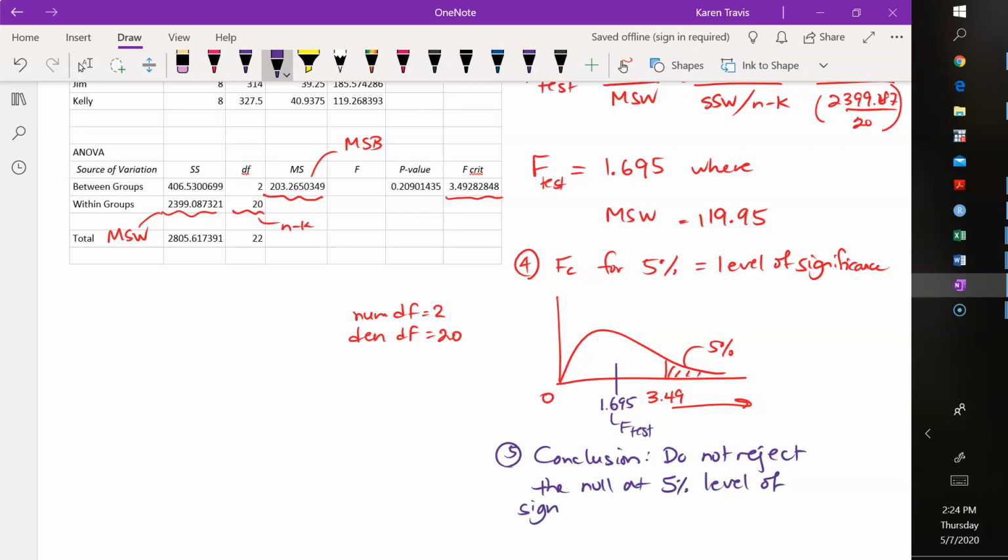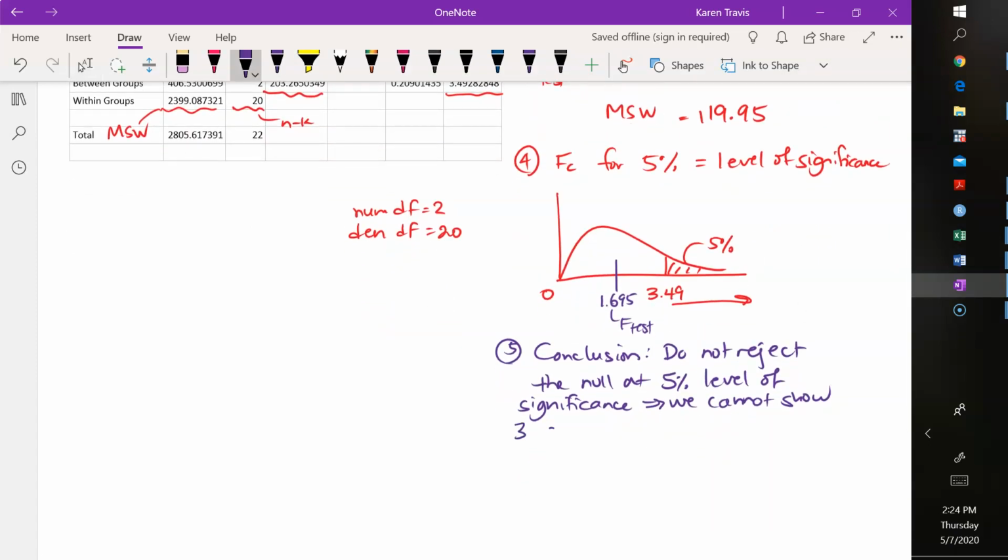Which then means that we cannot show that at least one of the 3 salespeople has a different profit margin.